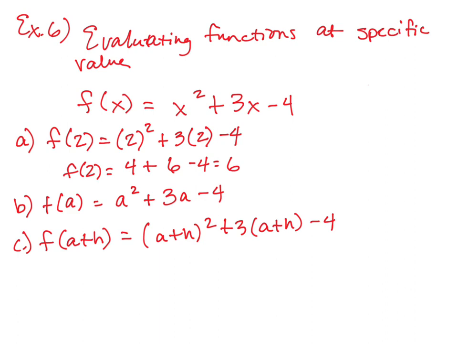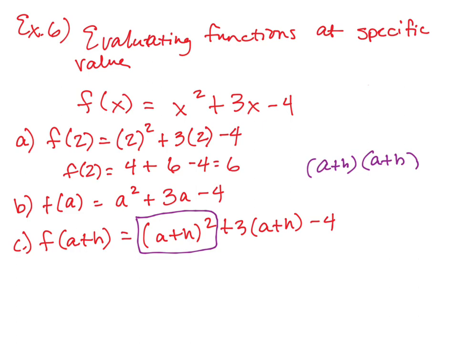I could simplify it. I could see right here that this a plus h squared business could be expanded, right? I don't call it a squared plus h squared. I don't get to distribute that square. I could stretch it out as a plus h times a plus h, right?